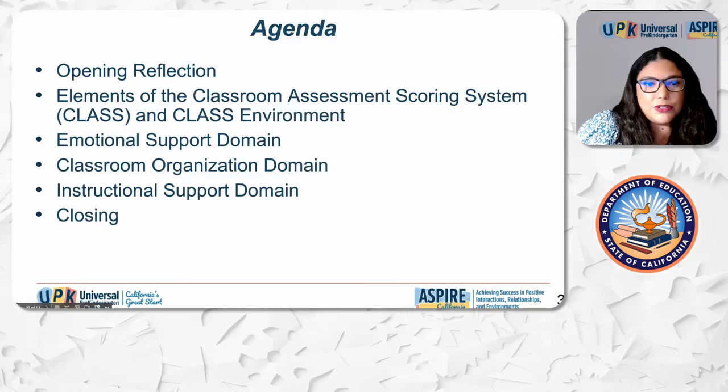After that, we'll reflect and discuss our continuous quality improvement, focusing on actionable steps educators can take to enhance their learning spaces. Finally, we'll wrap up with resources and contact information so you can continue learning and applying these strategies.